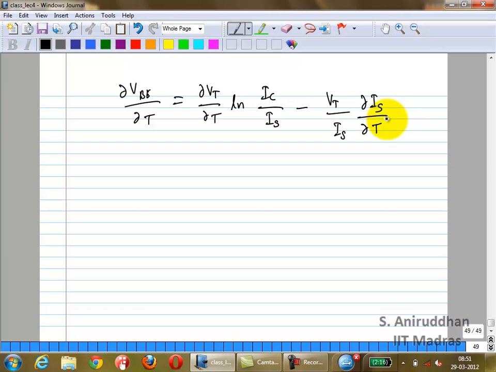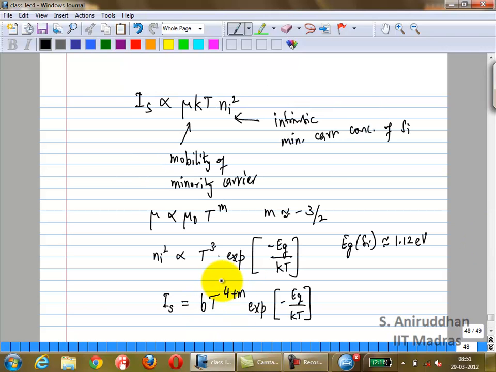So that will have two parts: B times T power 3 plus m times e power minus Eg by kT, plus B times T power 4 plus m times e power minus Eg by kT times Eg by kT squared.